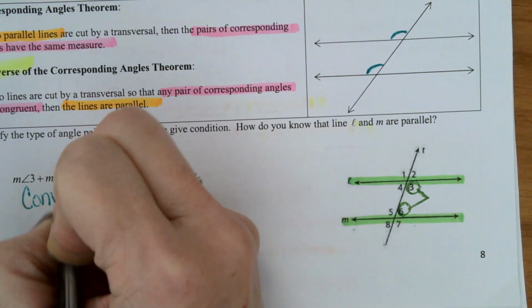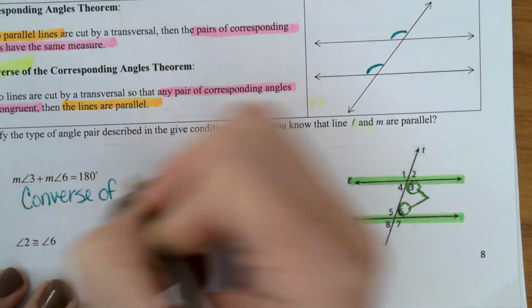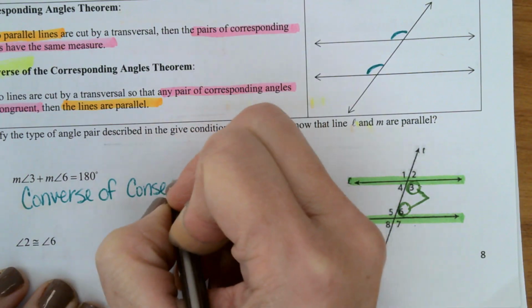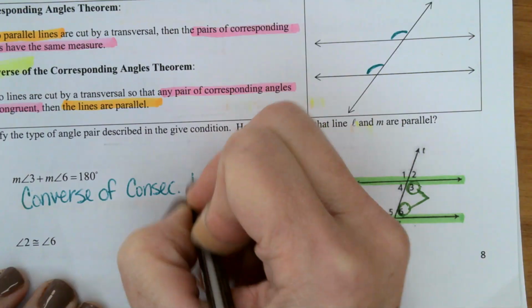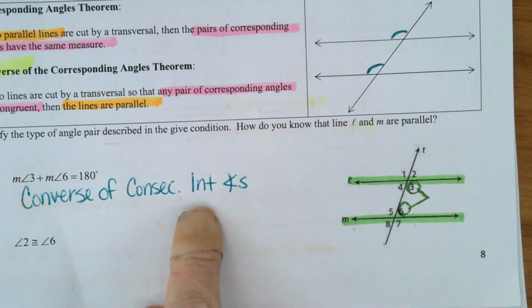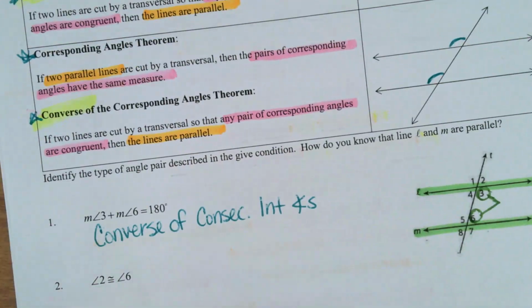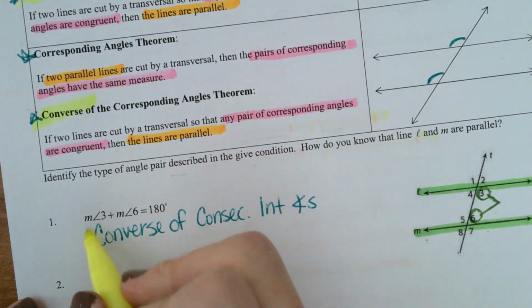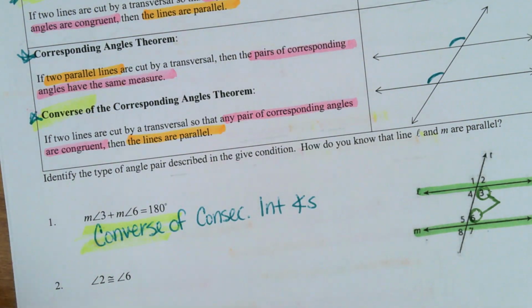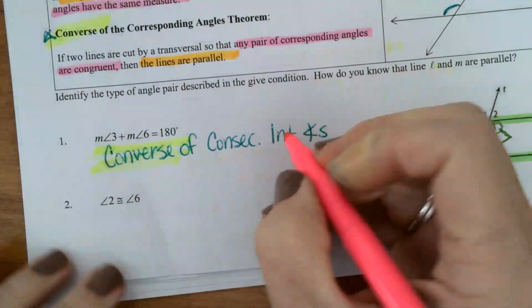Converse of, and then you can write consecutive interior angles. You can't leave off the interior and you can't leave off the converse. You cannot leave those off. That is part of your answer.